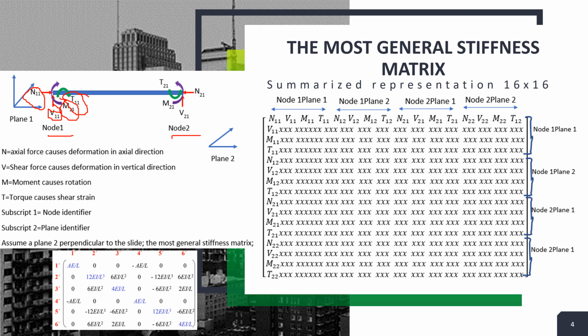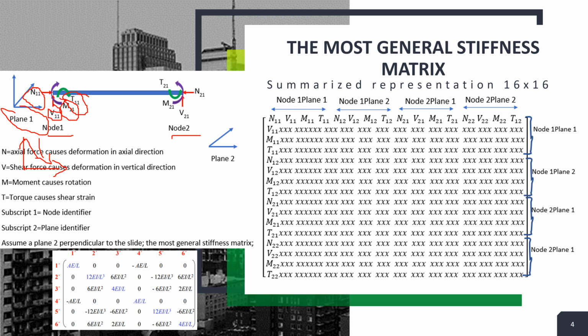And we have 2 planes. There's the vertical plane, called plane 1, which is just, we're just referring to this plane. This is what we are referring to, plane 1.